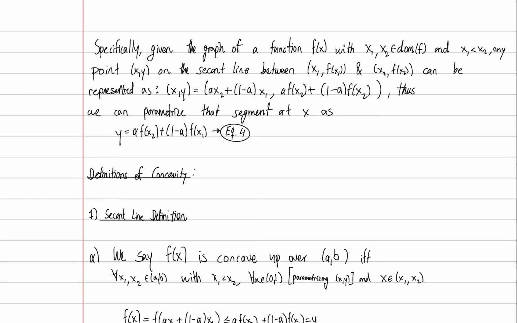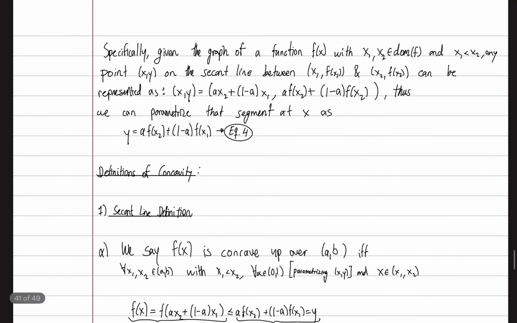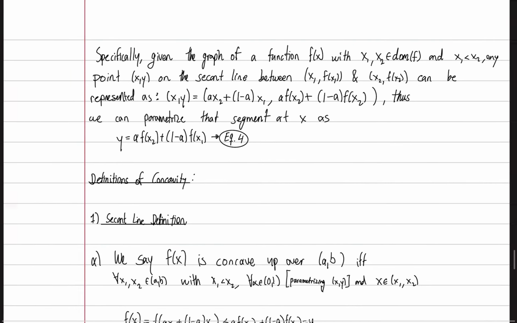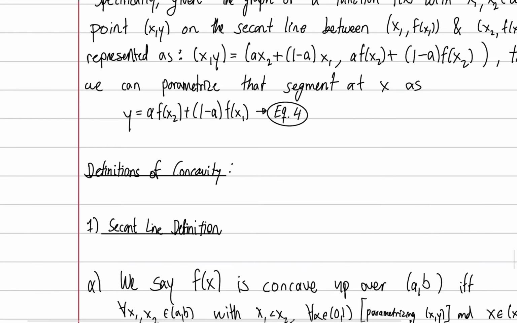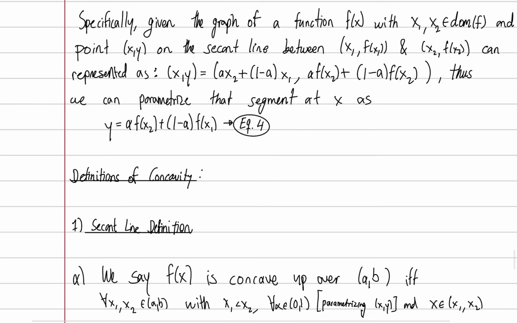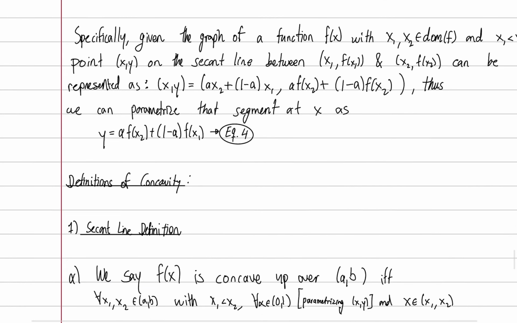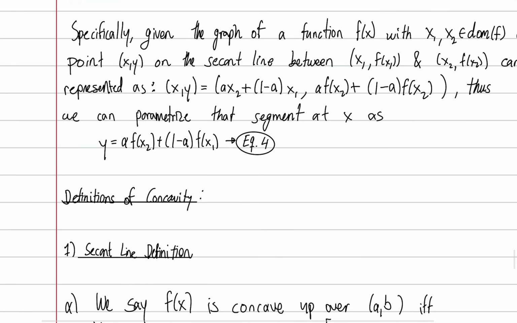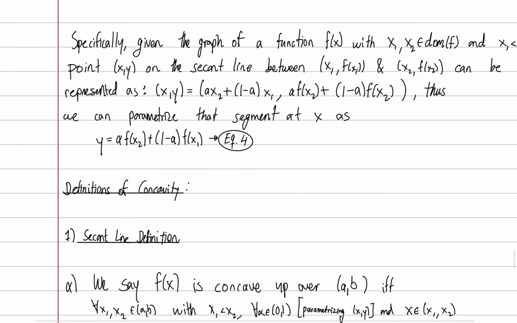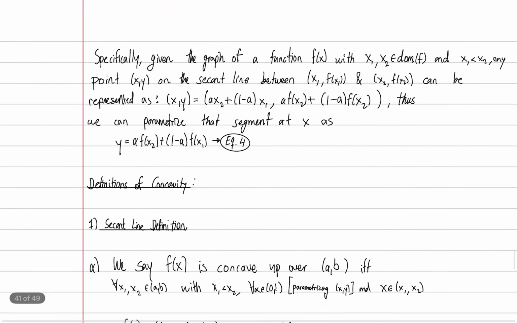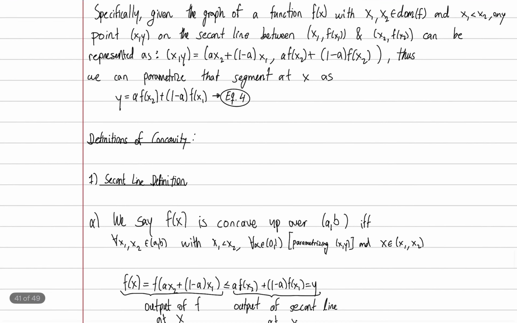And we know it's f of x1 and f of x2 specifically because y2 and y1 lie on the graph of f. And we can parameterize that segment at x, as the y coordinate at x is alpha f of x2 plus 1 minus alpha f of x1, equation 4. It's very important when we're comparing the output at a secant line. That is what our y value is.